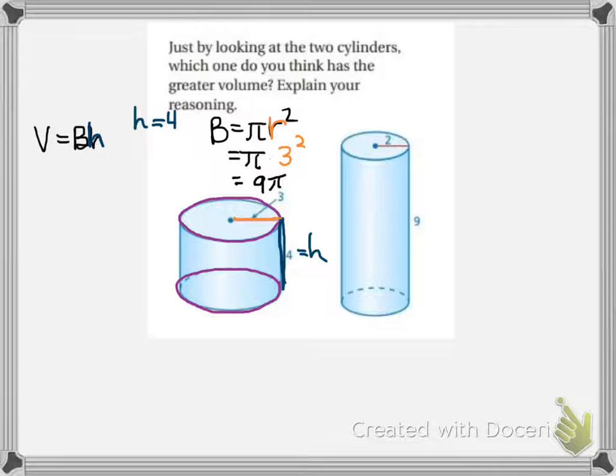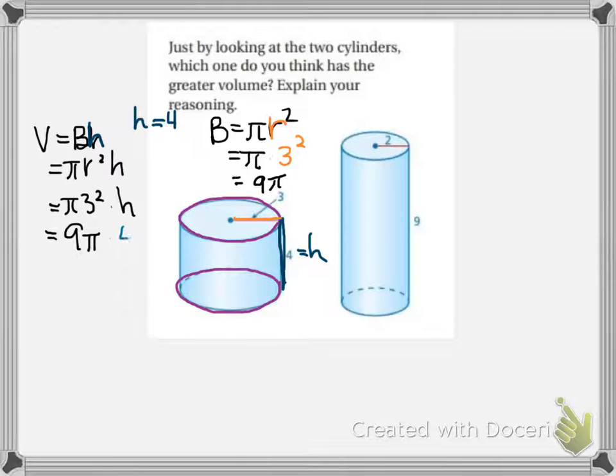All of this is our base. Now, if you wanted to, you could write the whole formula here, pi r squared h, and then do pi 3 squared h, that's still 9 pi. So I like to do the 9 pi separately and then come back in. Remember that we had this h equals 4.